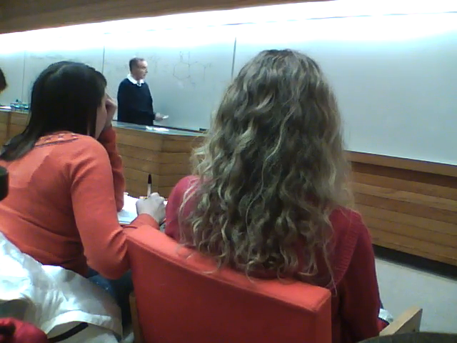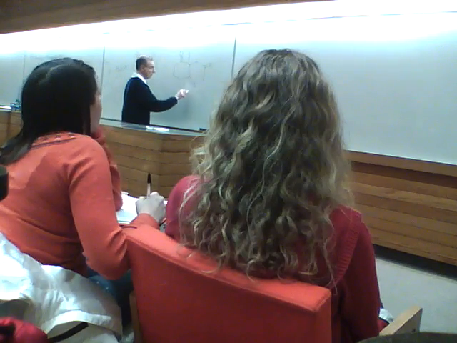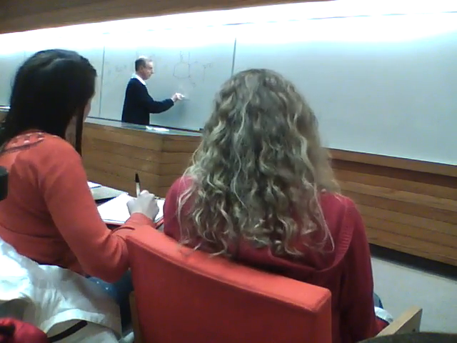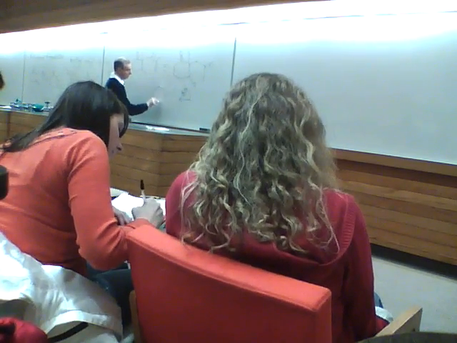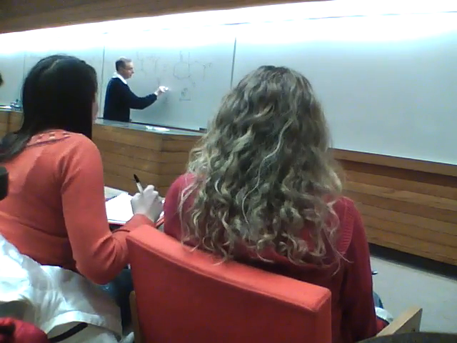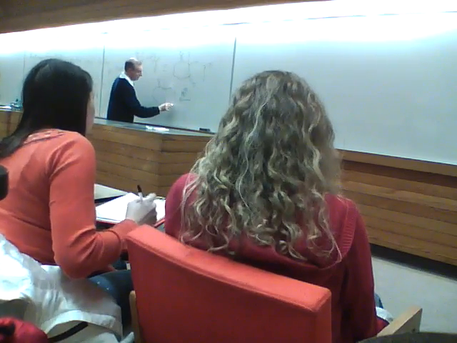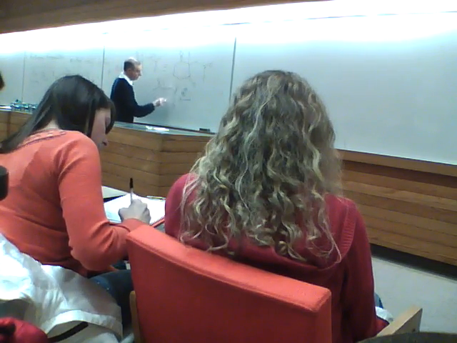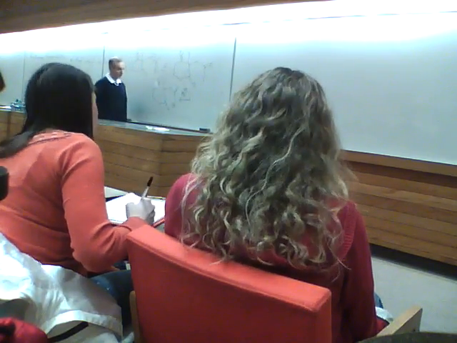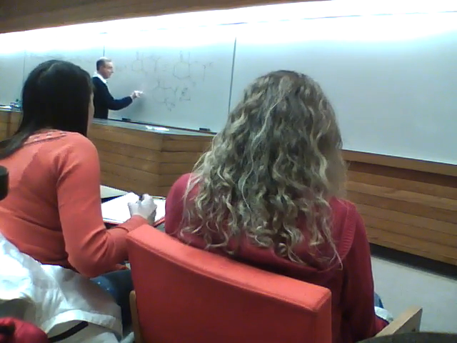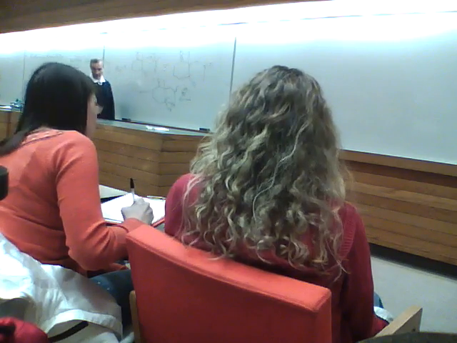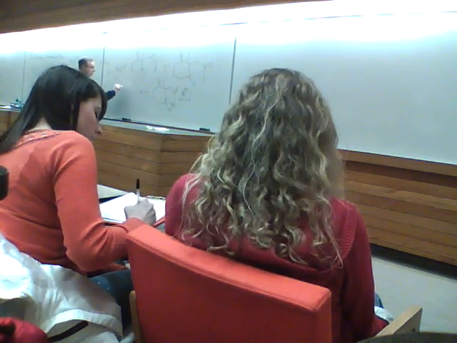But in the case where it moves a proton from the methyl group, something else happens. This carbanion attacks the carbonyl. It can attack the other carbonyl there, but because of symmetry it makes no difference.